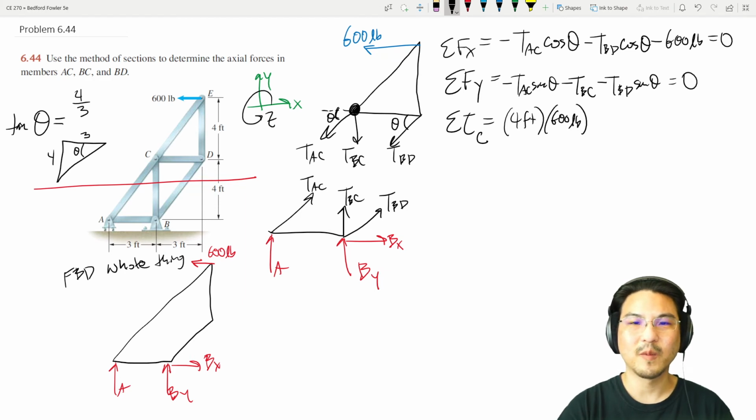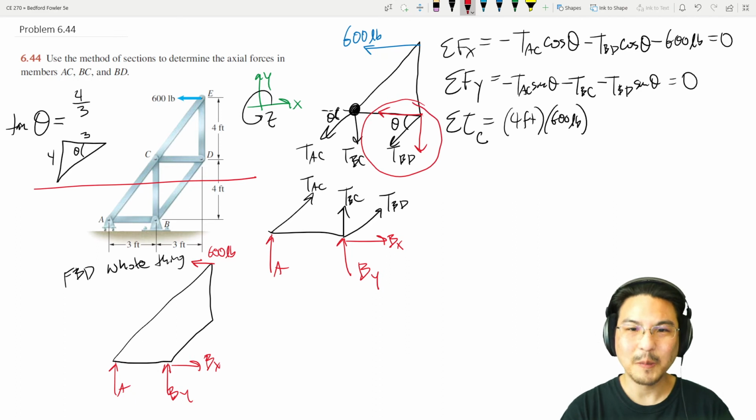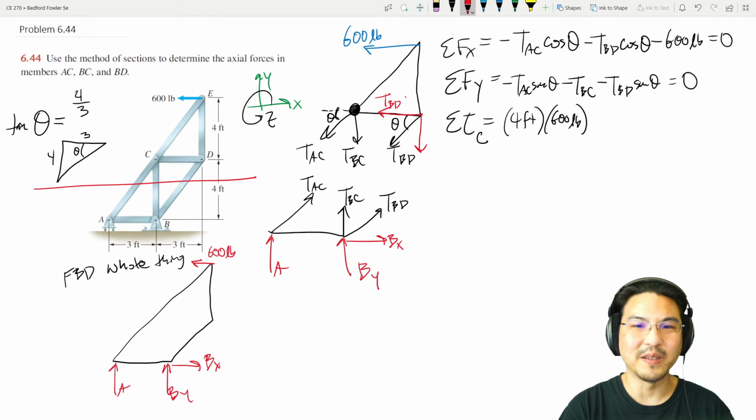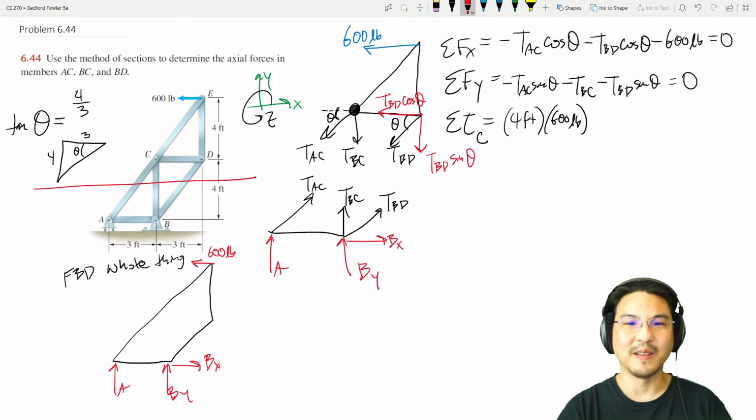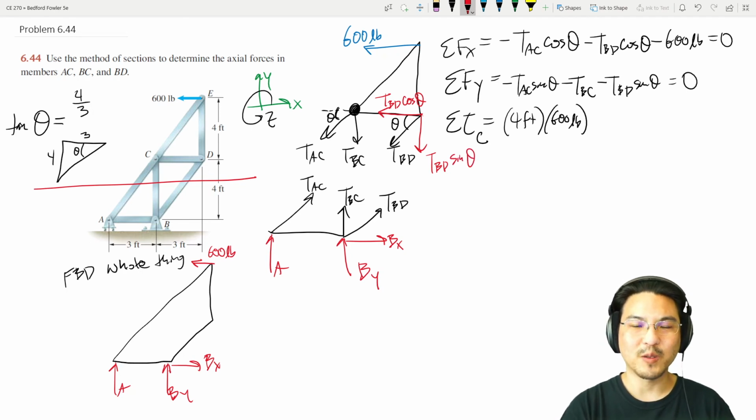And then there's going to be torque from this force, and to explain it, let me decompose this force into components. This component would be TBD cosine theta. This component would be TBD sine theta. Now what's the torque about this point due to this force? 0.